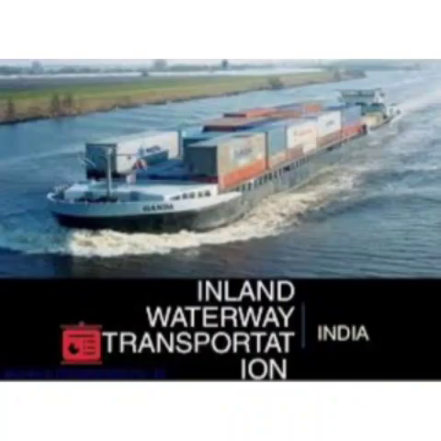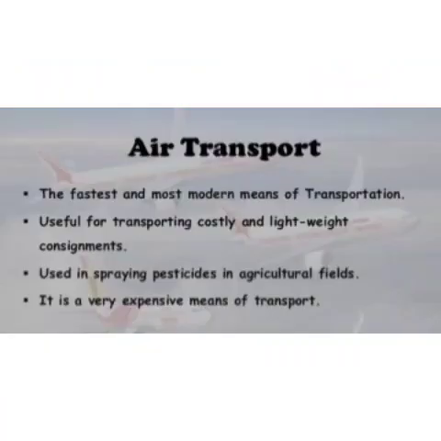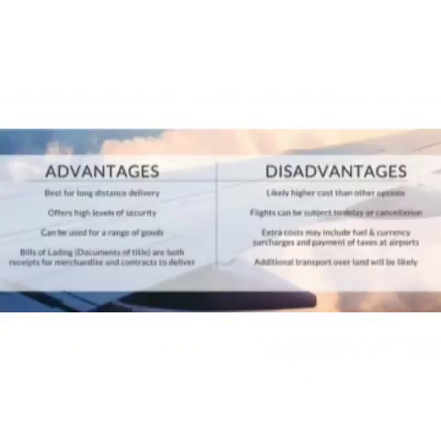Now another type of transport is the airways. Airways provide the fastest mode of transport. Airways are useful not only in transporting people and goods from one place to another, but also help during natural calamities such as earthquakes and floods, and are especially important for defense purposes. However, airways are expensive.